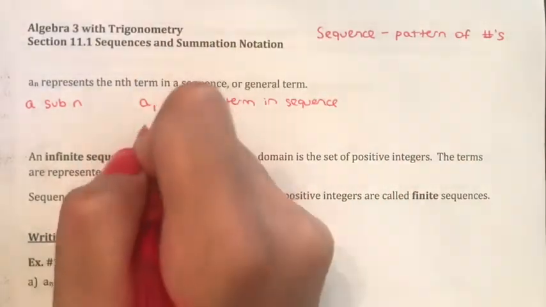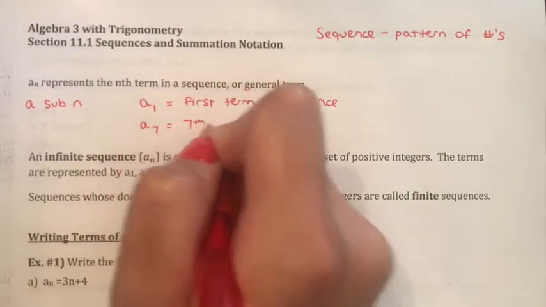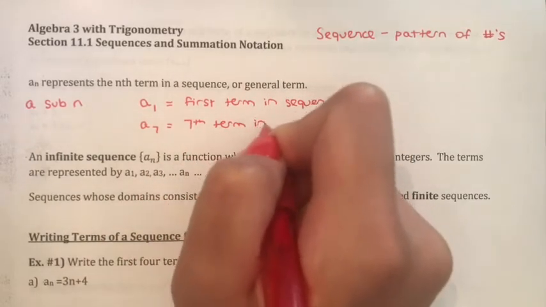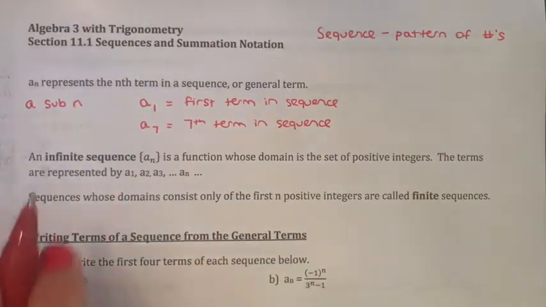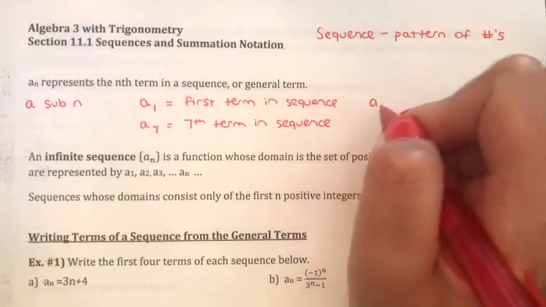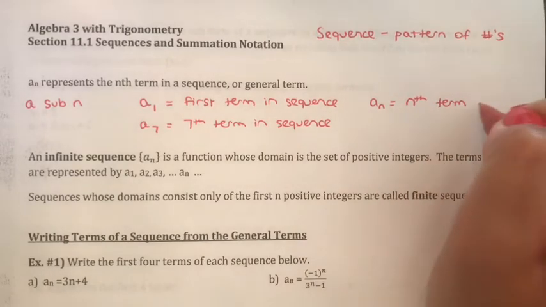If I have A sub 7, that's the seventh term in the sequence. So when you see A sub n, that means the nth term in the sequence.